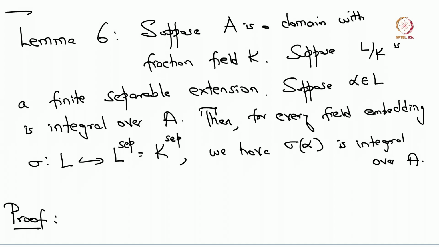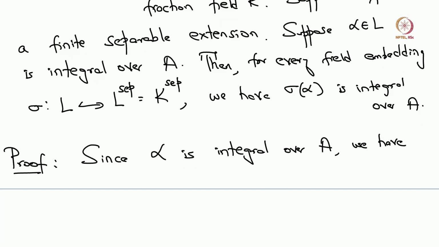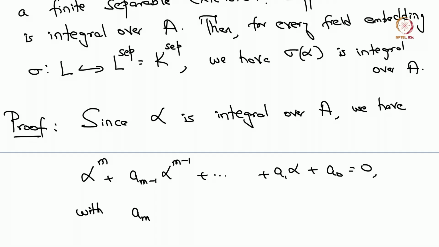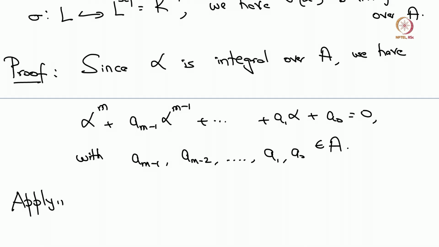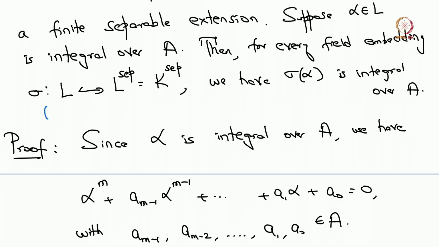So what's the proof? Since alpha is integral over A, we know that it satisfies a monic equation over A. So let's say it's alpha to the m plus a_{m-1} alpha to the m minus 1, and so on and so forth, where these coefficients belong to A. Now we apply the field embedding sigma into the separable closure.